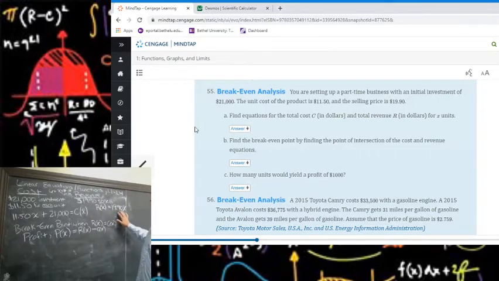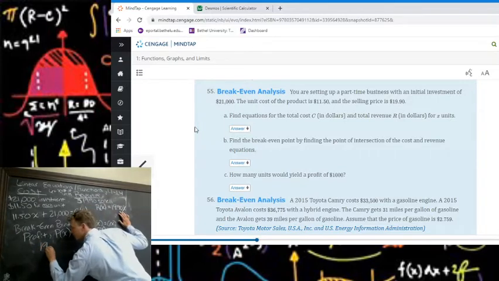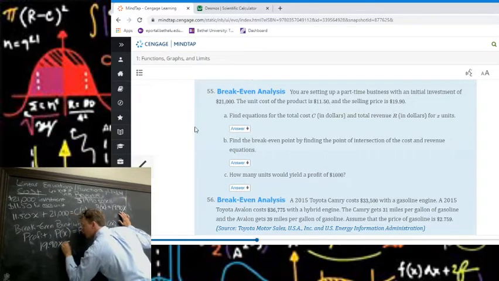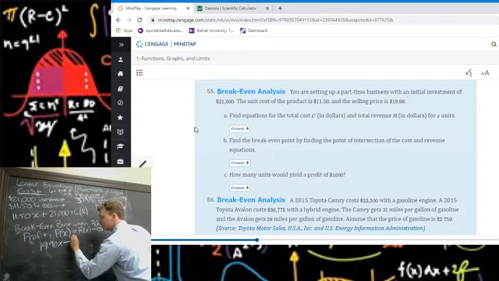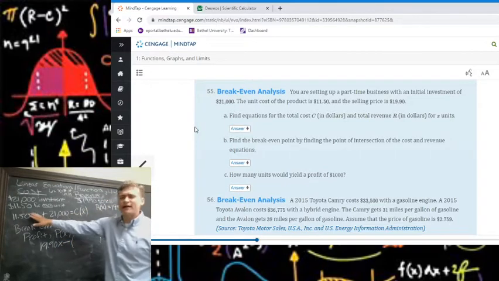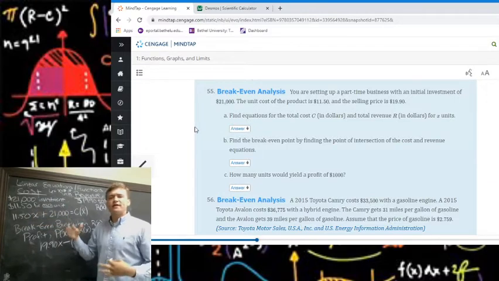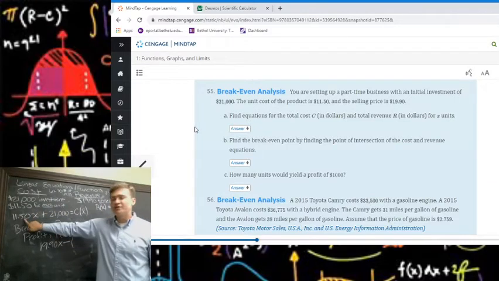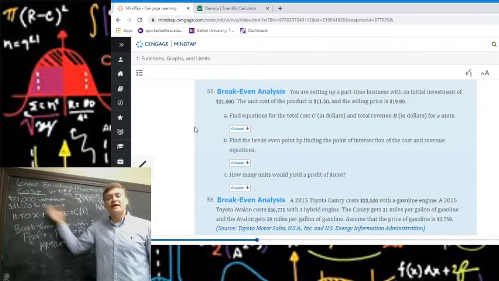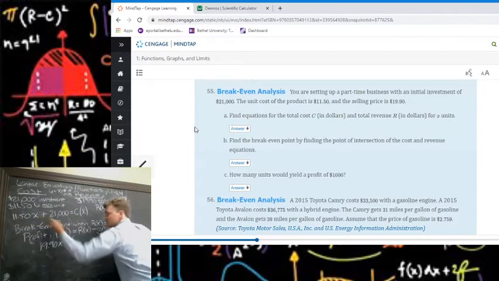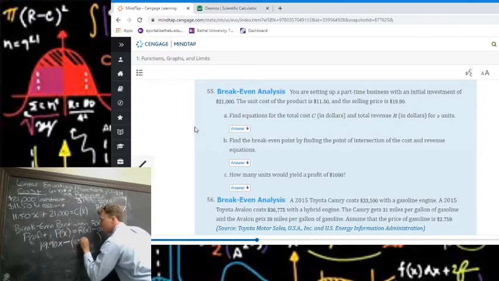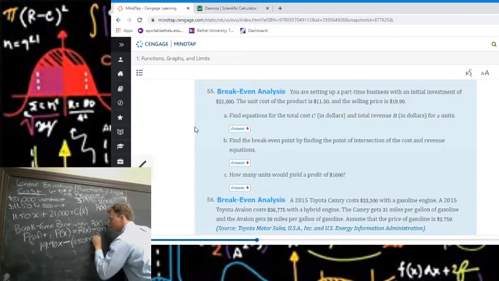So this R of x here, 19.90x, we will subtract our cost function, and I want to put it in parentheses. I'm subtracting a bunch of stuff over here. I don't want to get the negative confused. I don't want to just make this negative. I want to subtract everything over here. So I'm going to subtract 1150 times x plus 21,000.